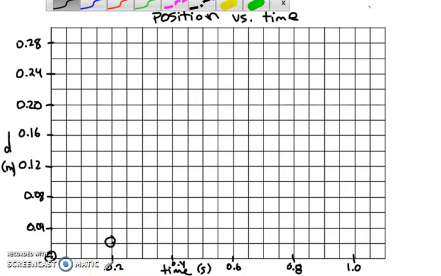The next one is at a time of 0.4, and we've got 0.06, right here. Then the next one at 0.6 is 0.12, which is here. The next one here goes all the way up to 0.2, and this one all the way up at the top is 0.3.